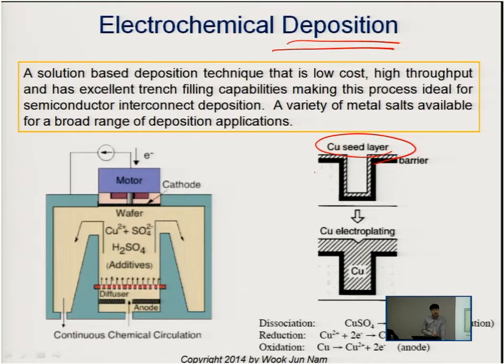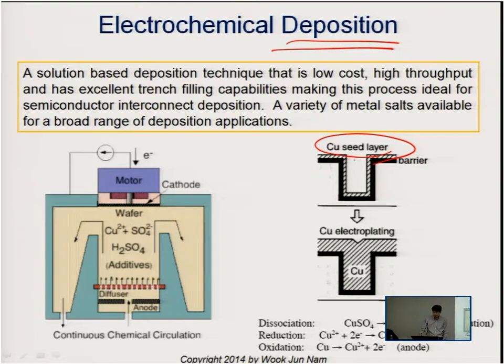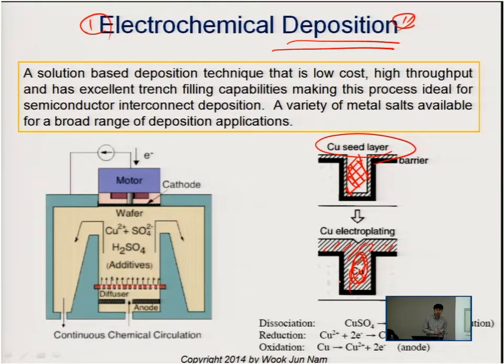But as we discussed in the previous slide, to make this kind of metal-filled nanocavity structure, electrochemical deposition is the way we can deposit metal layers without making any void structure.